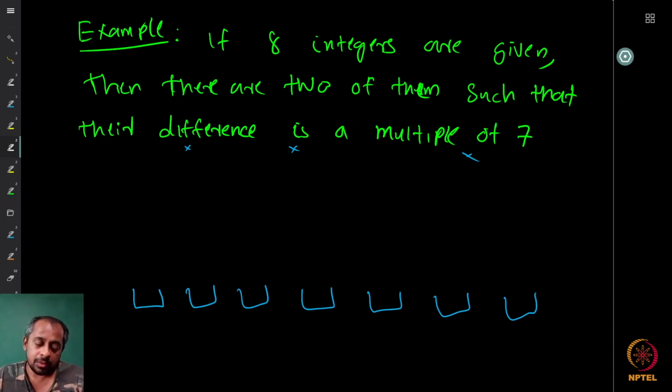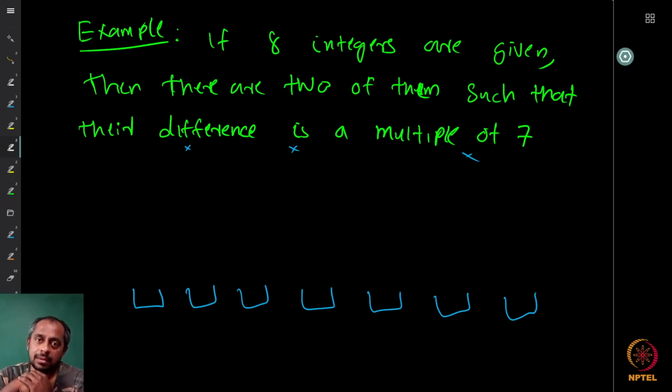So how do we go about solving this question? The first thing you observe is that you need to show that something is a multiple of 7. So what we are talking about is divisibility, divisibility by 7. When you talk about divisibility, what comes to mind is that if something is divisible, then the remainder is 0.